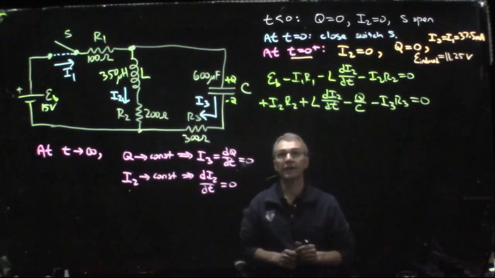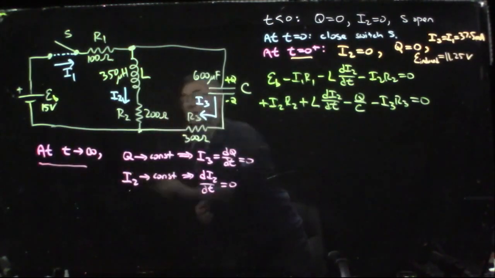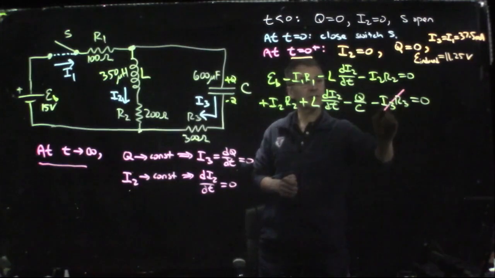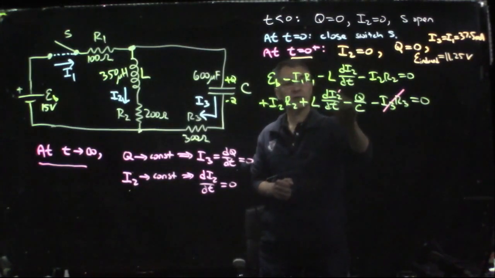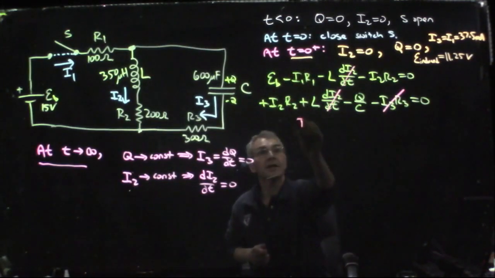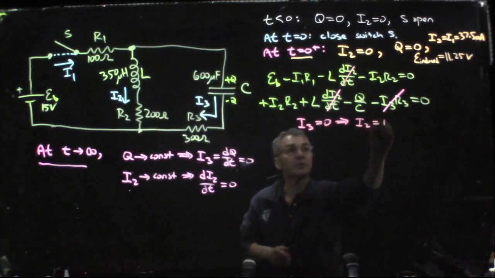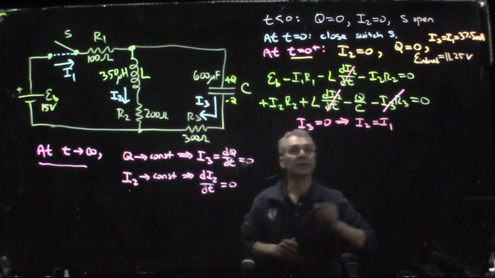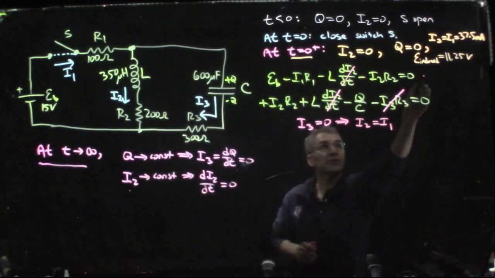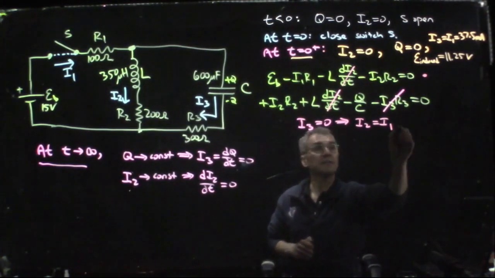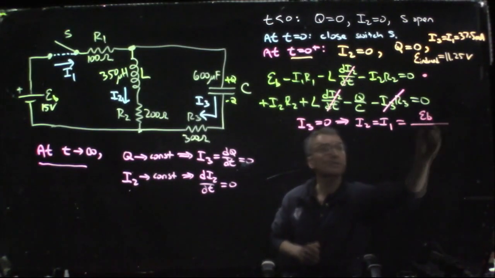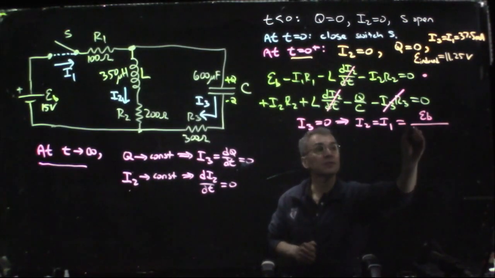So now, this current is 0, and this current is constant. So if I3 is 0, then I2 equals I1, and that means I2 equals I1 is the battery voltage divided by R1 plus R2.